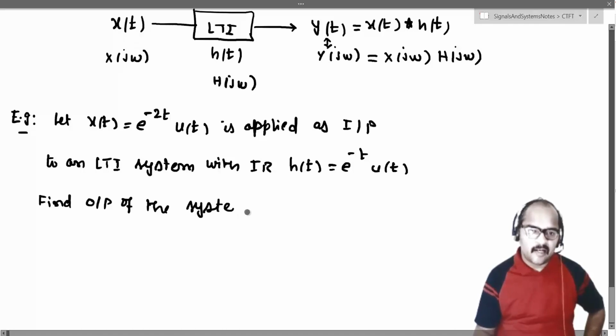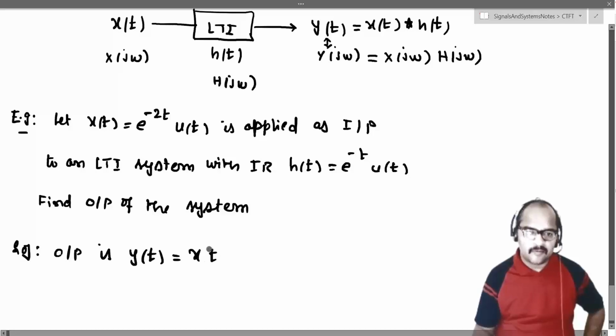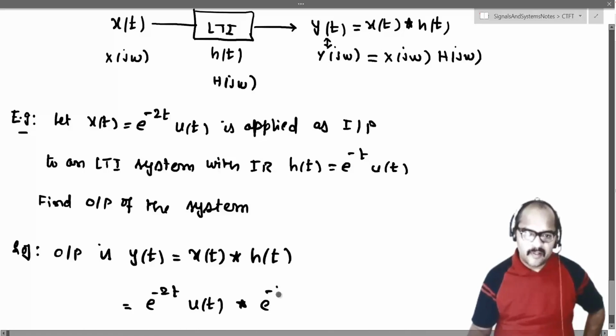Clearly, because it is an LTI system, the output y of t is equal to x of t convolved with h of t, which for the given example is e power minus 2t u of t convolved with e power minus t u of t.